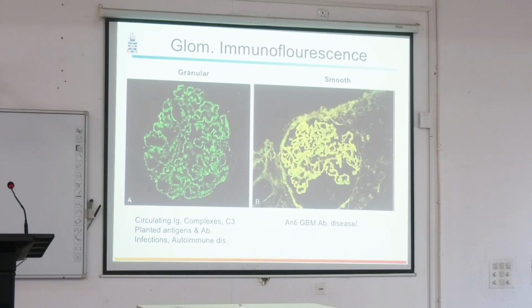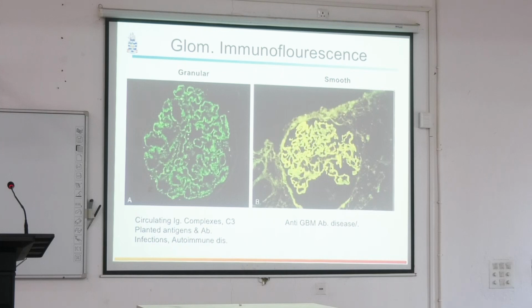It can be appreciated only in the electron microscopy, the site of immunocomplex deposition. In immunofluorescence you can only appreciate the presence of immunocomplex. If it is linear, then the intensity will be the same throughout the glomeruli. So actually the deposition can be described in two terminologies.